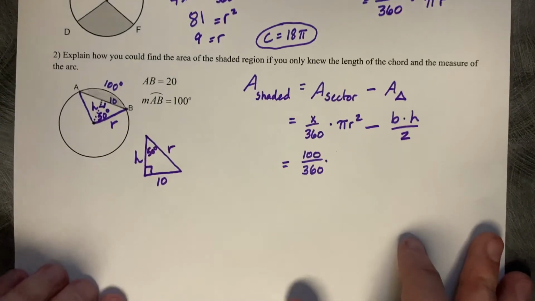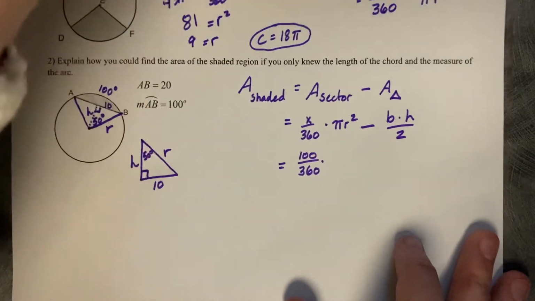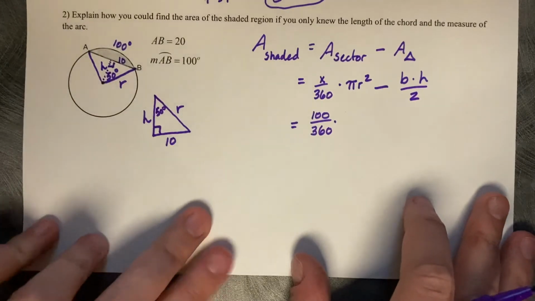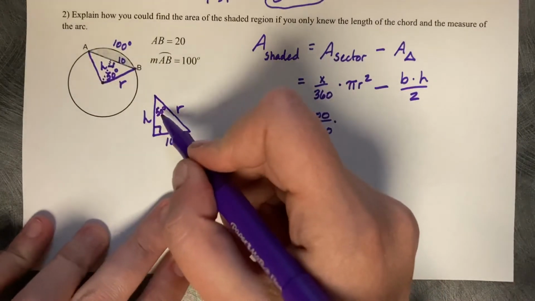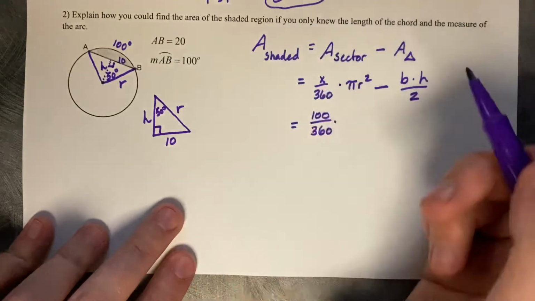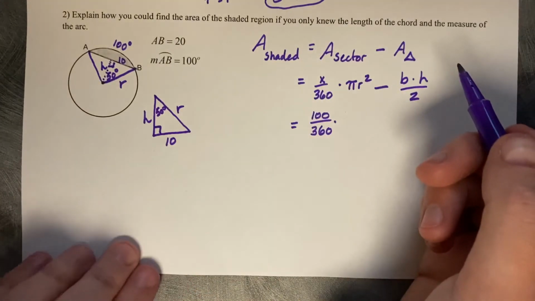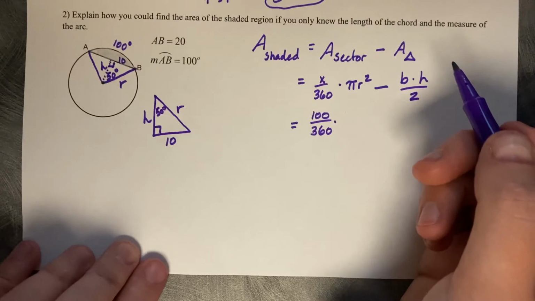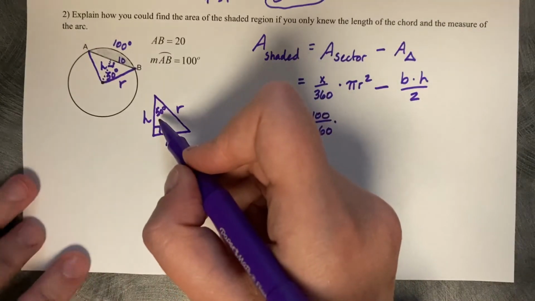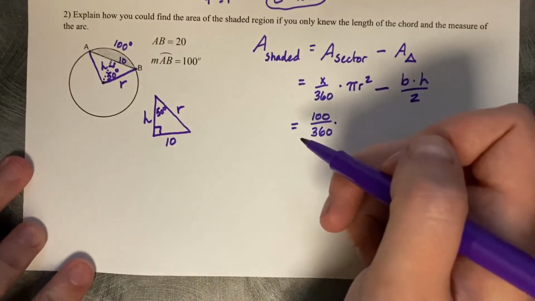So we can use trig to help us work backwards. Now you can work with the 50 degrees if you want to, or you can calculate the third angle here, and the reason I recommend it is it'll make your trig a little easier. It'll make the answers to the trig be multiplication answers instead of division answers, but I'm going to go ahead with the 50 since the 50 is related to the 100.